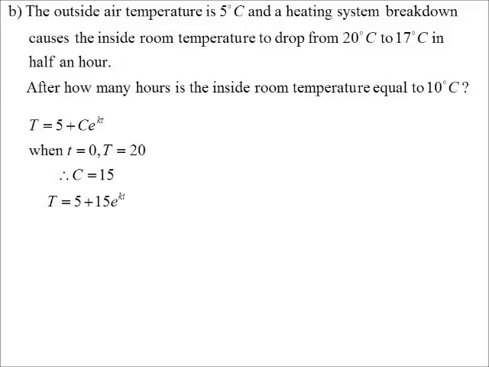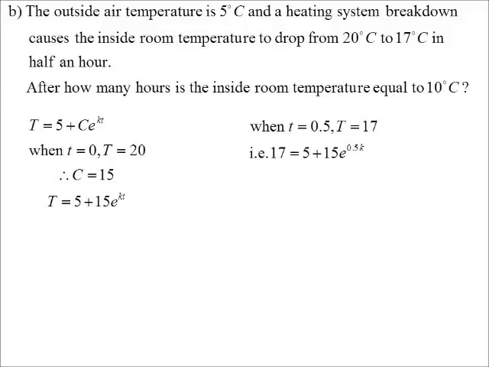Now we said that, what pronumerals did I use in it? But anyway, those two constants added together give the initial temperature. So 5 plus 15 is 20. What else do we need to work out? We'll need to work out our constant. So we should have some conditions we can sub in. And what have we got? In half an hour, it drops from 20 to 17.